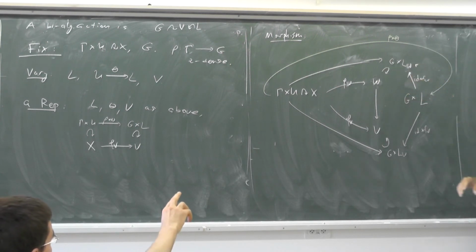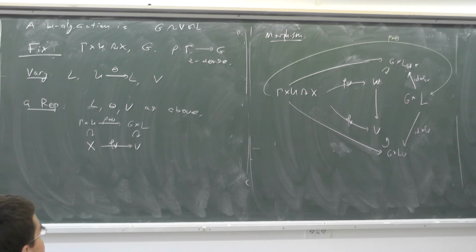The question is, you have this map from W to V. I suppose it should be G equivariant. Yes, it should be G equivariant, with respect to the second. If it would have been the same group here and there, I would ask this to be equivariant as well. Naively, you would ask to have a map from this to that, which commutes with everything.